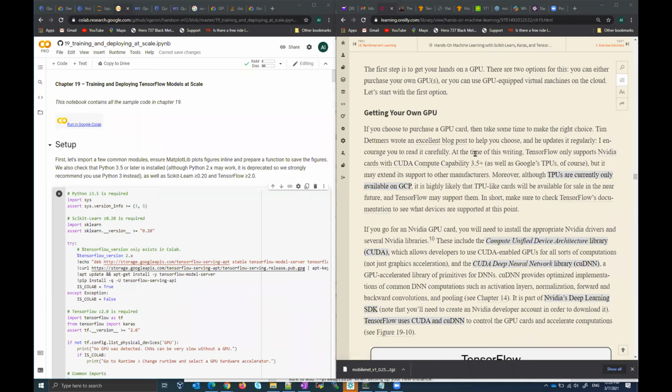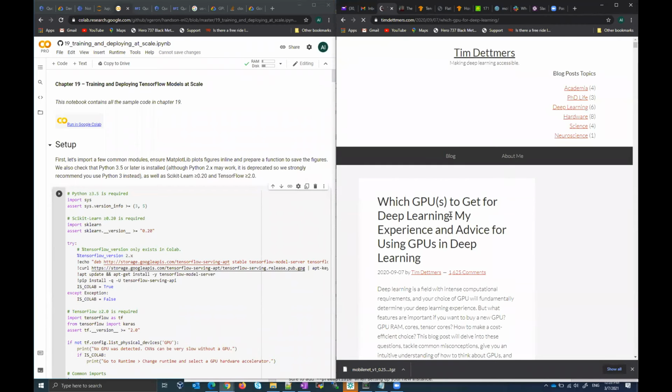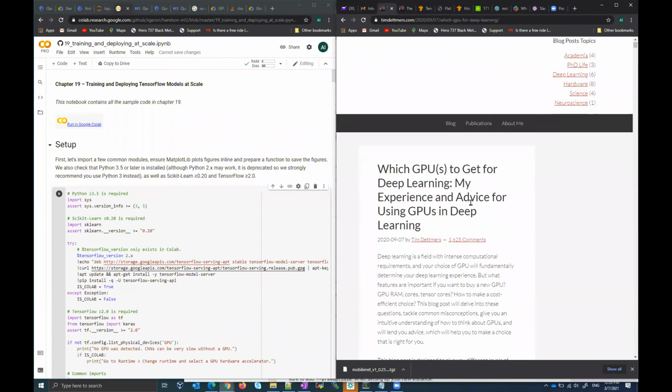It has a lot of information on GPUs, performance, and building your own machine, in this link.